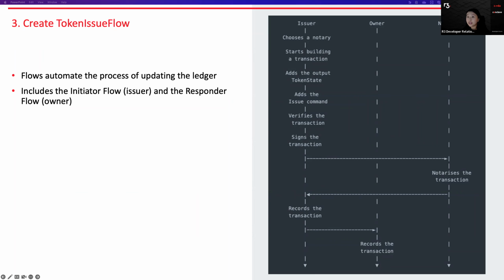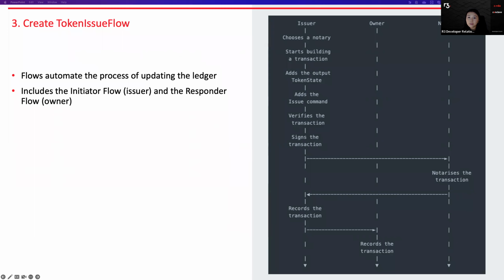So for instance, we see in the diagram, the issuer or the initiator in our case is doing all of the processes, which include choosing a notary, starting to build a transaction, adding the output token state to the transaction, adding the issue command, verifying the transaction, signing the transaction, and also sending it to the owner, also known as the responder. Whereas the owner, responder, they only have to receive the proposed transaction, review it, verify it, and then sign it and send it back to the issuer.